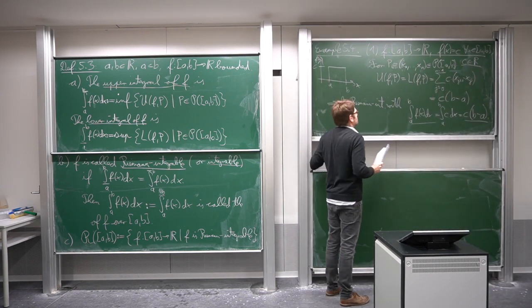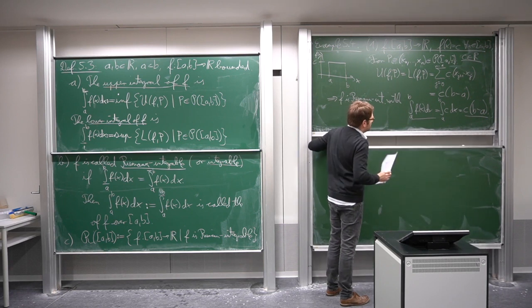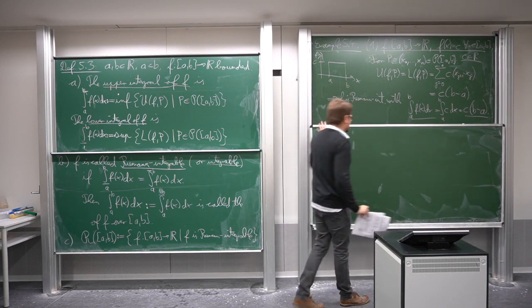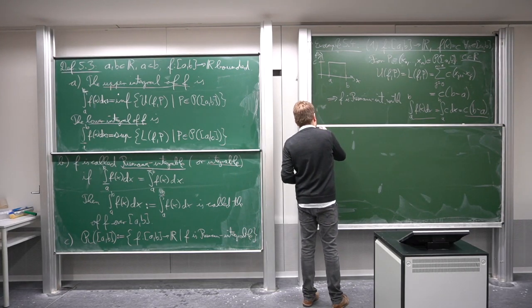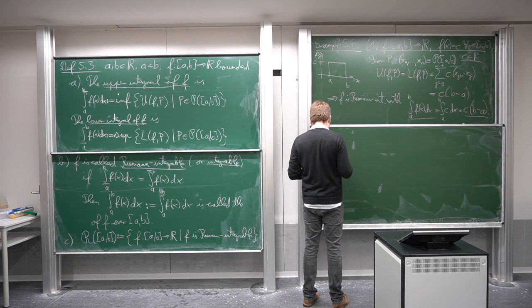Now, you might think, okay, this procedure of taking lower and upper sums looks wonderful and looks like it's always going to work. Let's take an example where it's not working, or where we don't get a properly defined integral.